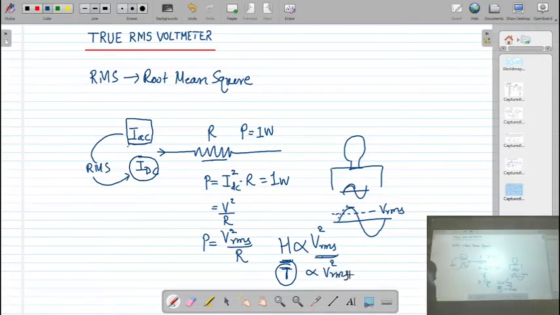So we have to sense the temperature of the resistance, and there are a number of sensors available in the market. You can use a thermistor, you can use a thermocouple. A number of devices are there, but the thermocouple is widely used for measuring temperature. So let us see what a thermocouple is.